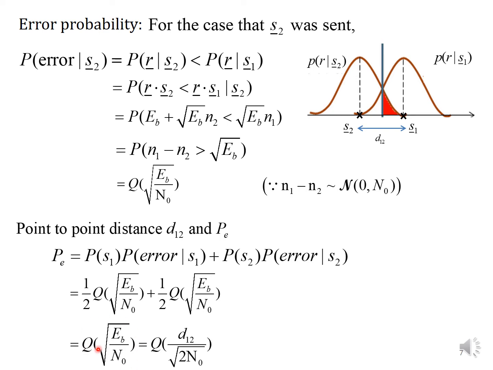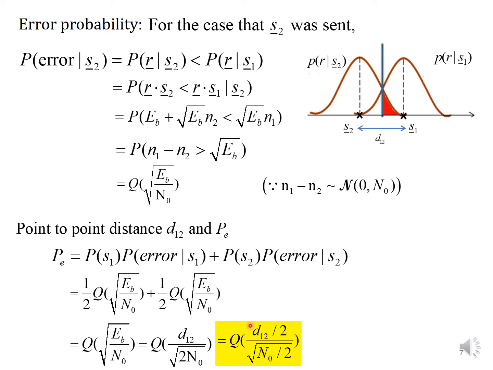So it turns out the error probability is higher for binary orthogonal signals. However, it is all equal to this Q function of D12 over the square root of 2 N0, or again, half the distance over the standard deviation of the noise. It's all the same.